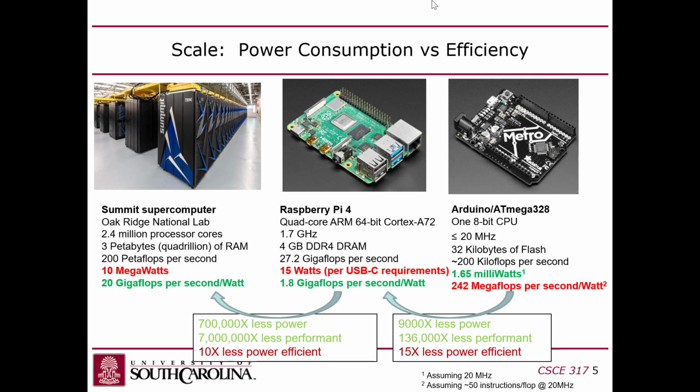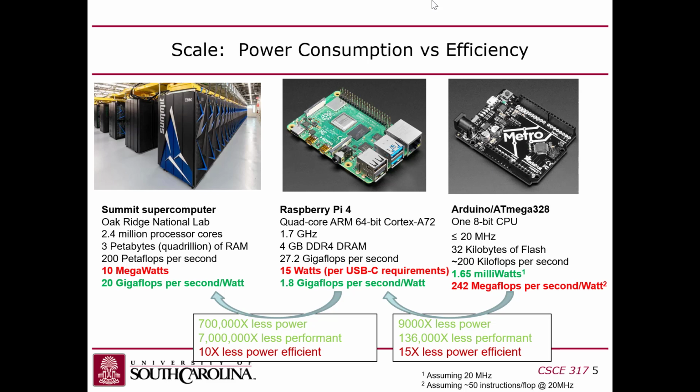It's an incredible difference in power consumption. In terms of performance, this Arduino is 136,000 times less performant in terms of gigaflops per second. Now, there are other ways to measure performance, but this is my approximation.